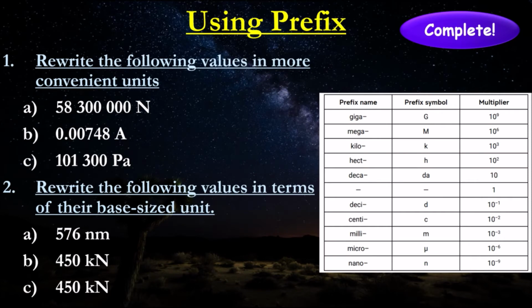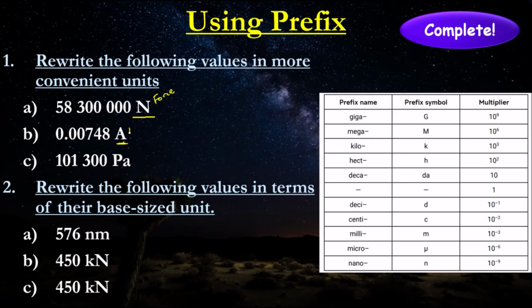So using this example we have here, try and rewrite the following values in a more conventional unit. What we mean by more conventional unit is this one here. This unit here is newtons, which is for force.